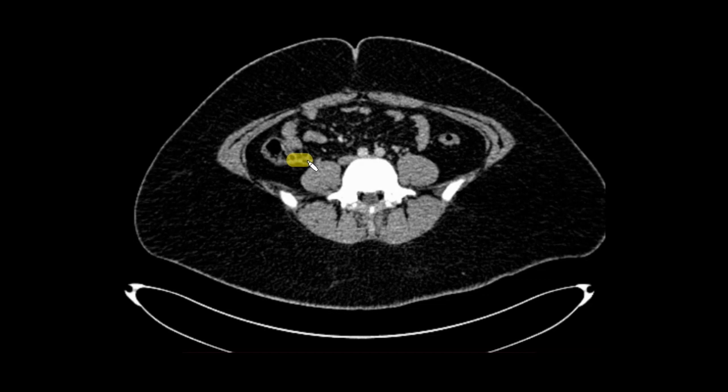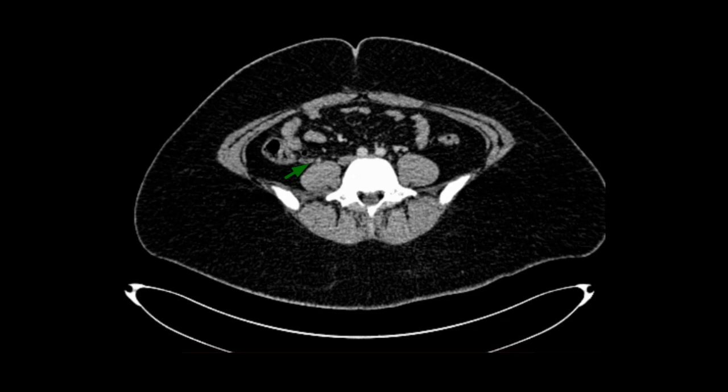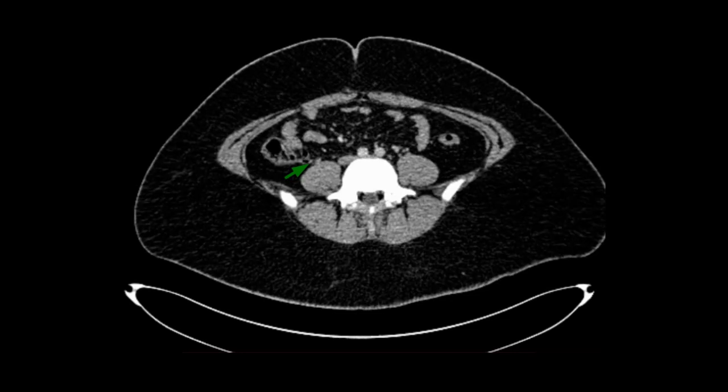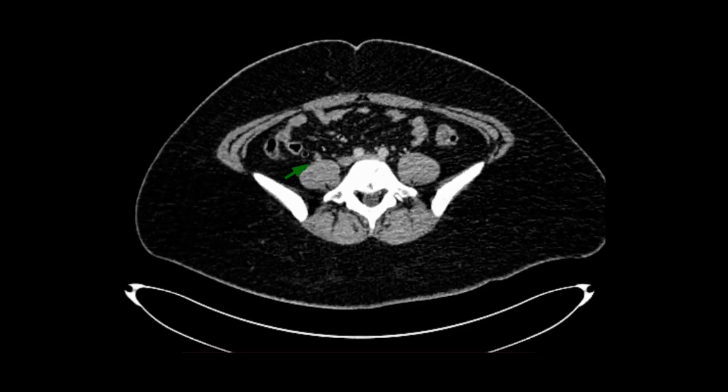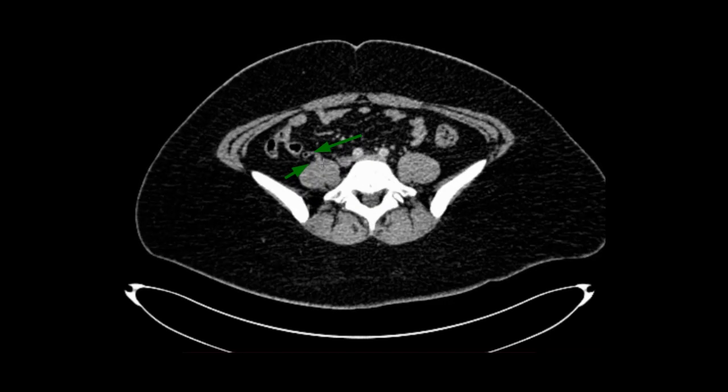If you see, right, this is the cecum. Or what I'll do is I'll put an arrow so that you can identify. Okay, just see that arrow, that is the appendix. Okay, there is air in the appendix, which means that it is normal, there is no fecolith, and as you can see it is turning here, right?